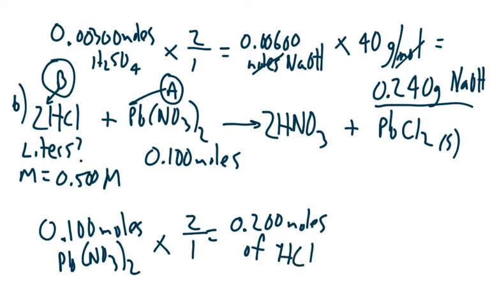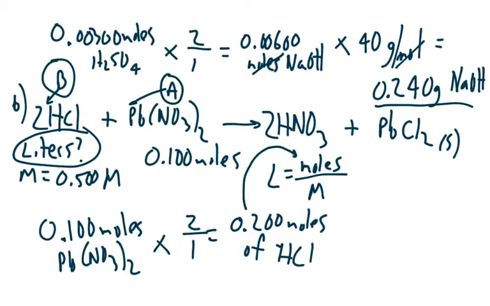Our last step is they want volume. If you recall, liters is equal to moles divided by molarity from a previous step. Well, we just found the numerator, and they gave us the concentration, the molarity.